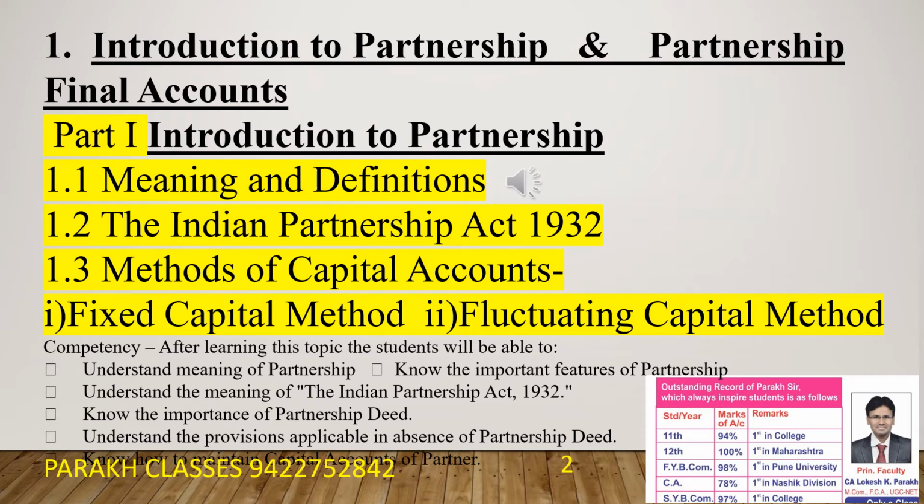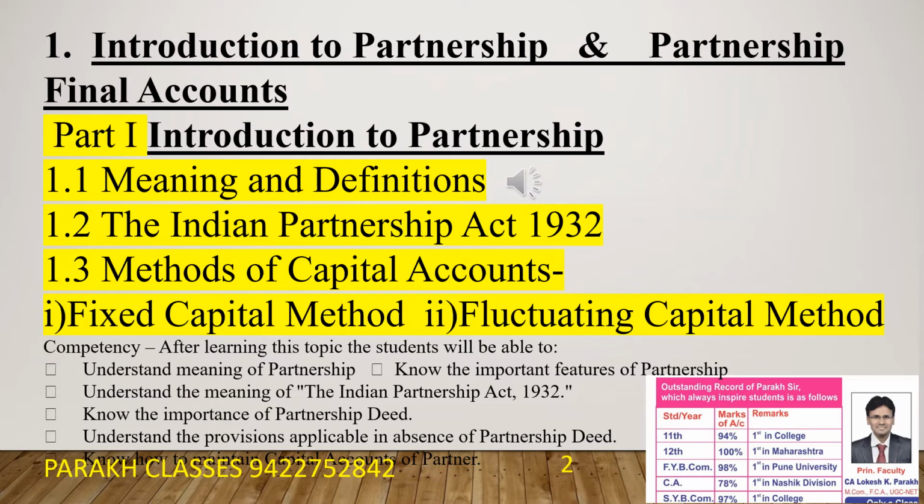The first topic is Introduction to Partnership and Partnership Final Account. The first part, Introduction to Partnership, in which we are going to study the meaning and definition of partnership, the Indian Partnership Act 1932 and its relevant provisions which are applicable for the accounting.